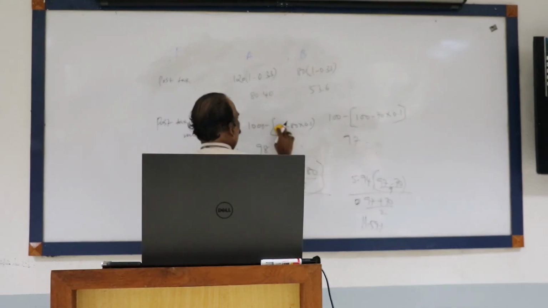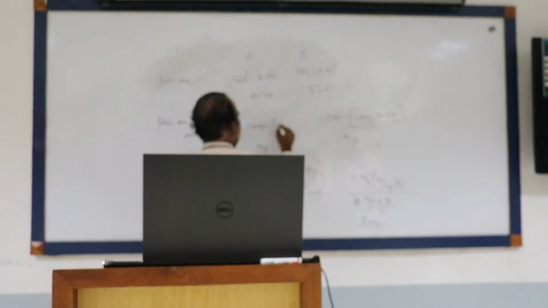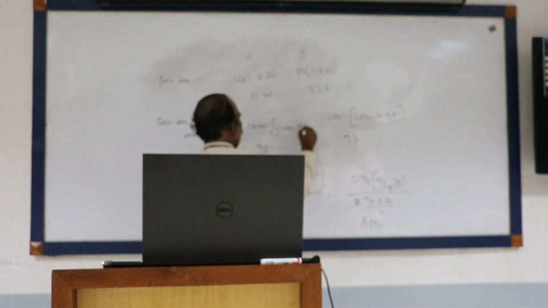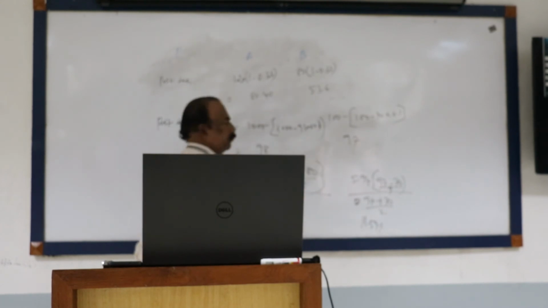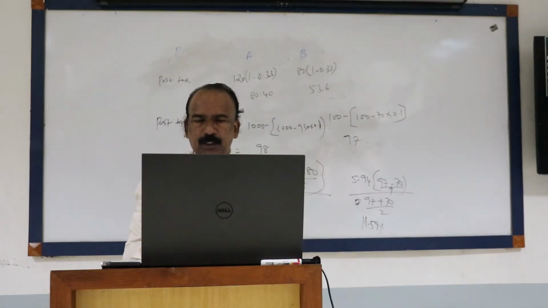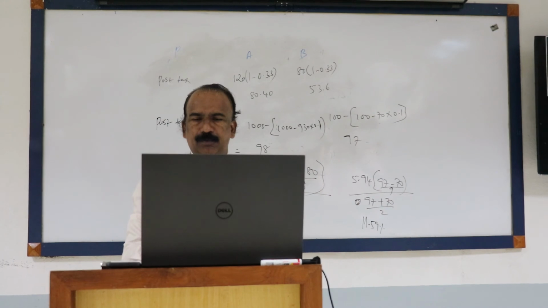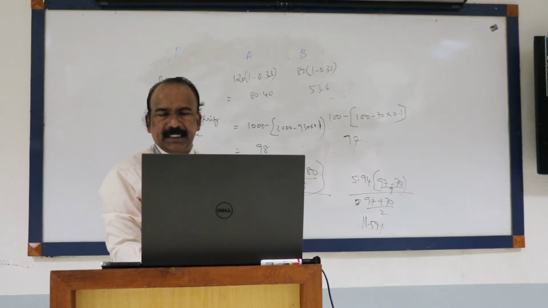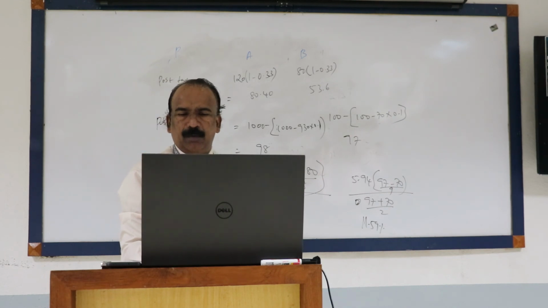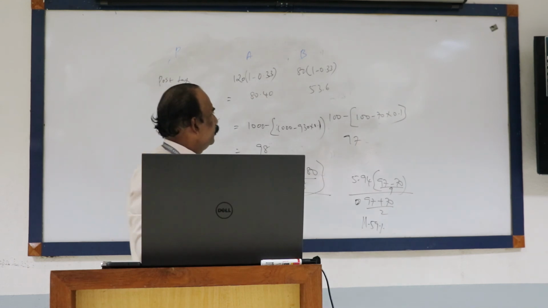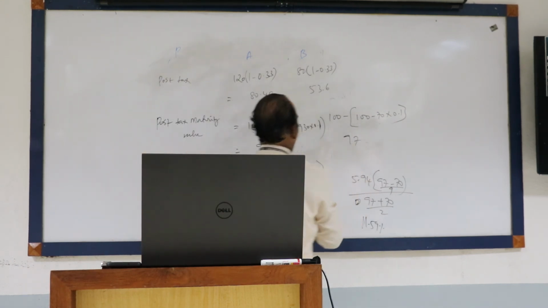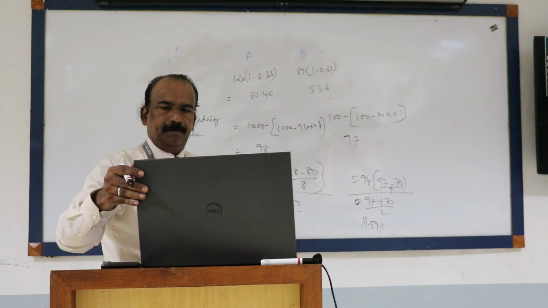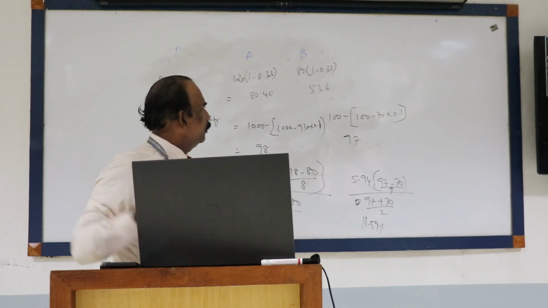1000 minus 930 into 0.1, where 930 is the price. Here 1000 minus 860 into 0.1.